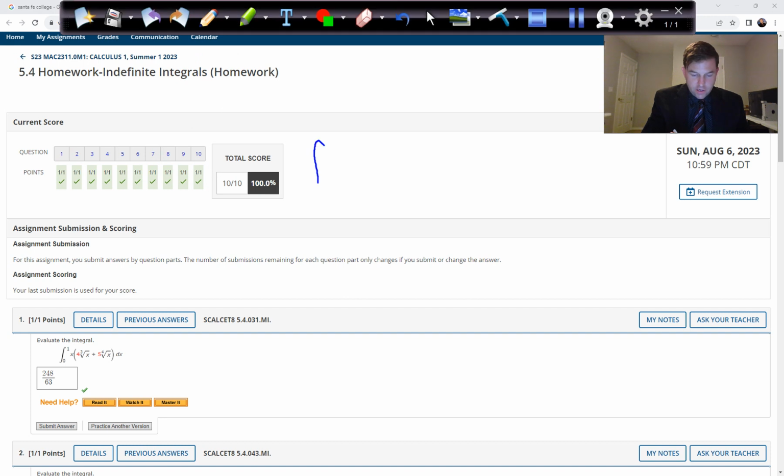So we have the integral from 0 to 1 of x times the quantity 4 times the third root of x plus 5 times the fourth root of x dx.